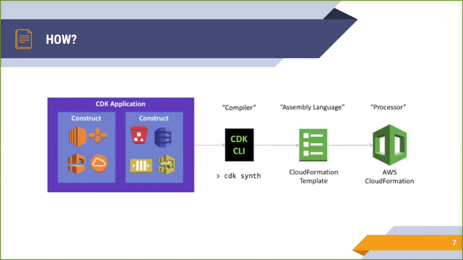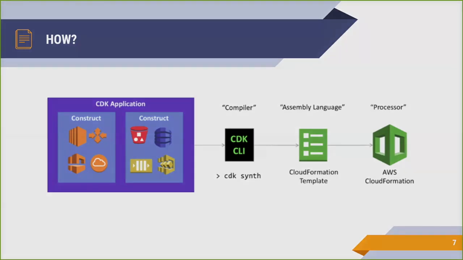It will convert our application into a CloudFormation script. Using this CloudFormation script, AWS CloudFormation will create all our infrastructure in the cloud. So basically, CDK is built on top of AWS CloudFormation, which gives us all of its powerful features, which has made it really cool.